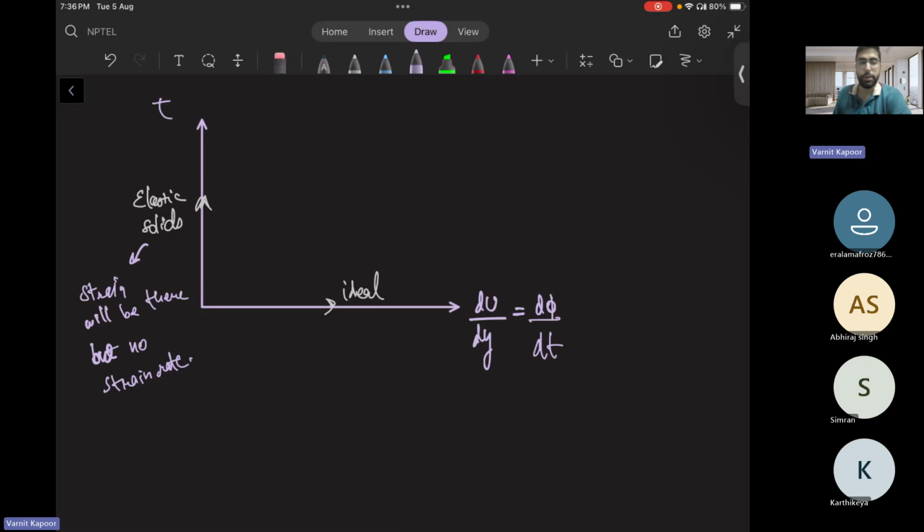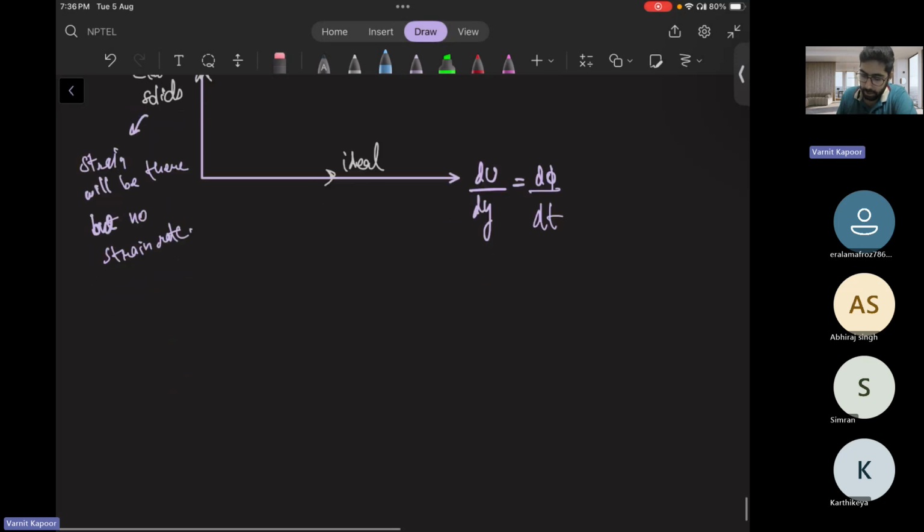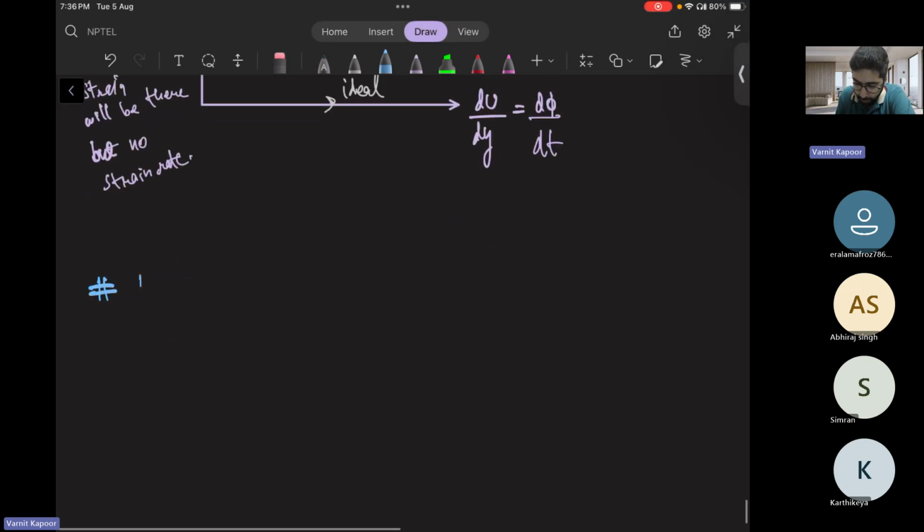Okay, now let's come to the other topic, that is bulk modulus. So what is a bulk modulus?